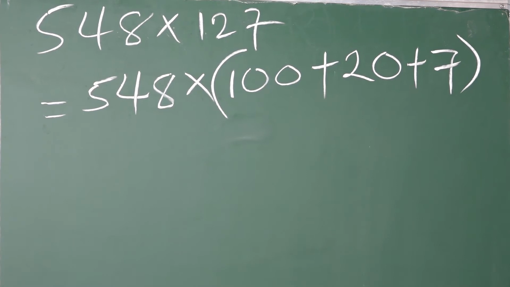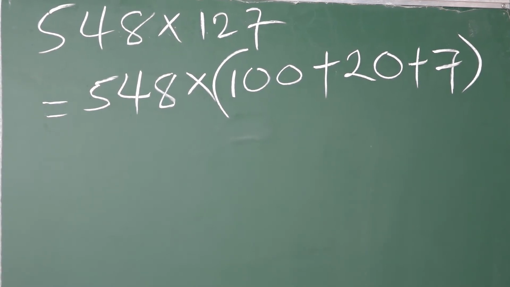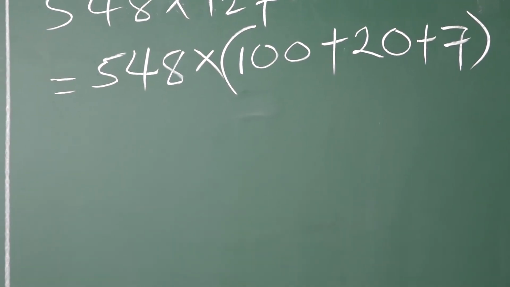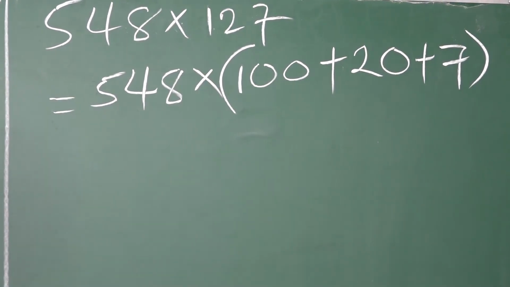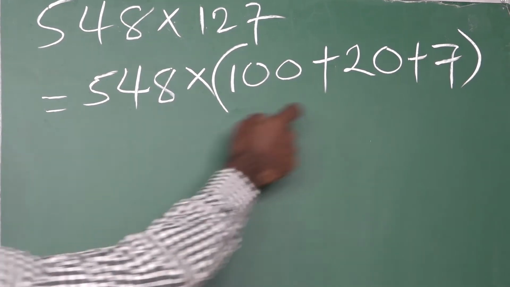So if we continue, we will now have to multiply, open these brackets by multiplying 548 by the numbers here.